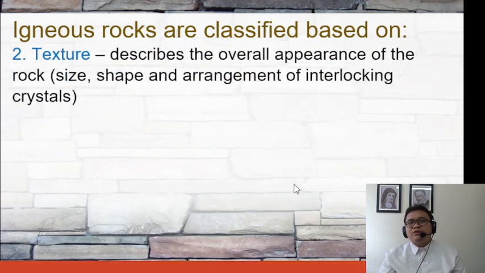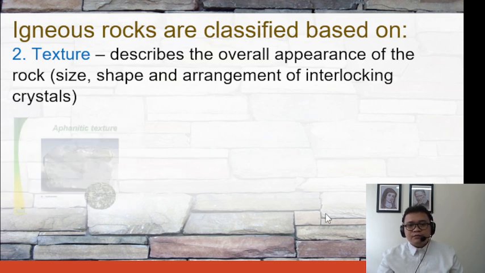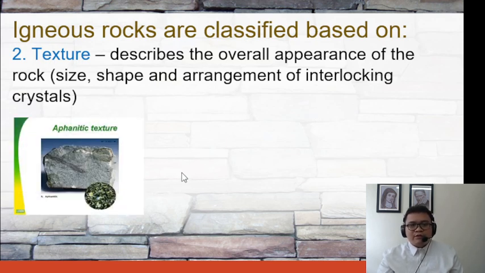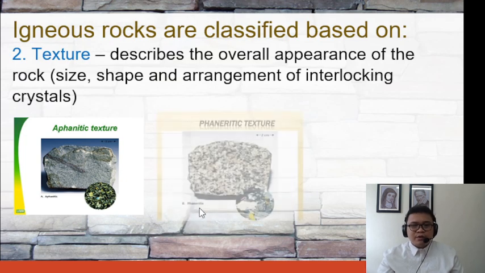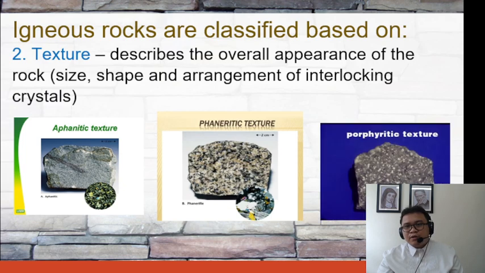Now let us move on to another classification, which is according to texture. Texture is of course how smooth the surface of the rock is. The texture of a certain igneous rock is affected by the arrangement of the interlocking crystals. We have the aphanitic texture, the phaneritic texture, and the porphyritic texture. So what's the difference of the three?